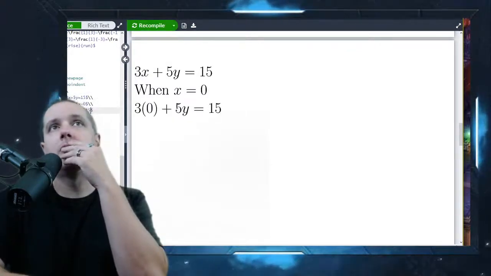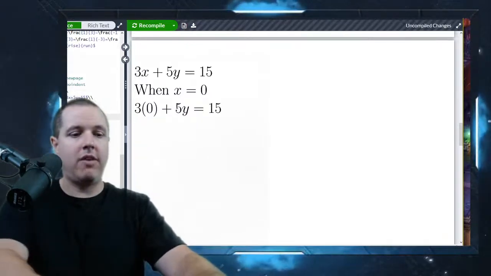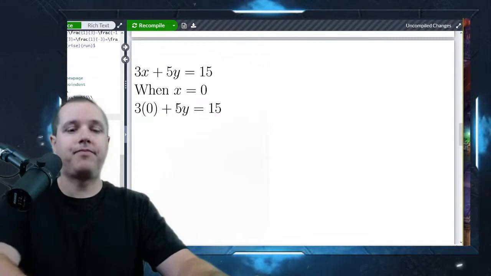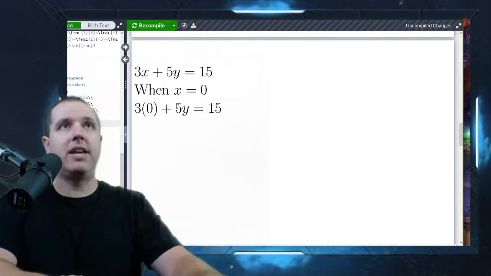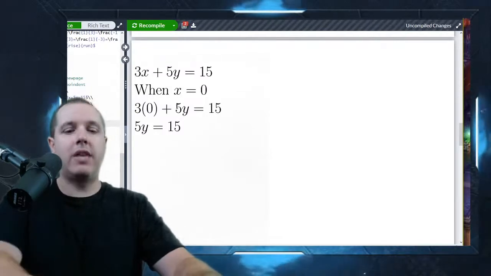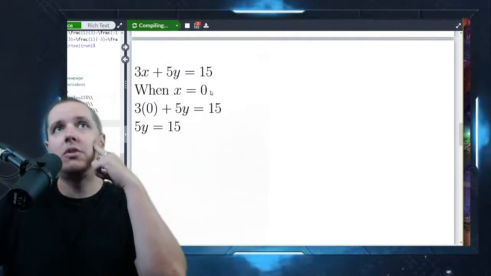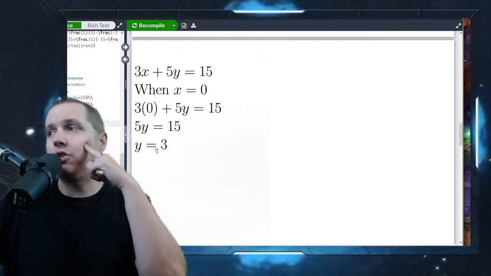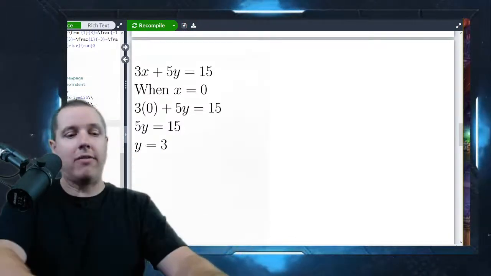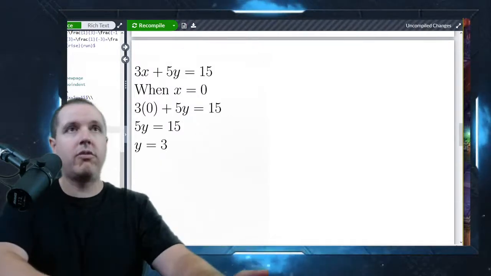So that just becomes 5y equals 15, which we can see then y equals 3. So that means that the point x equals 0, y equals 3 is a point on our graph. So we can go graph the point (0, 3).